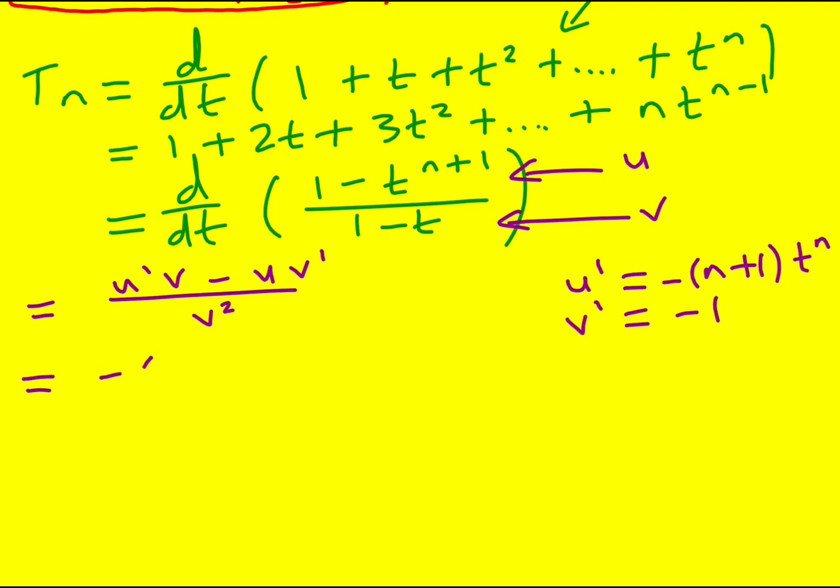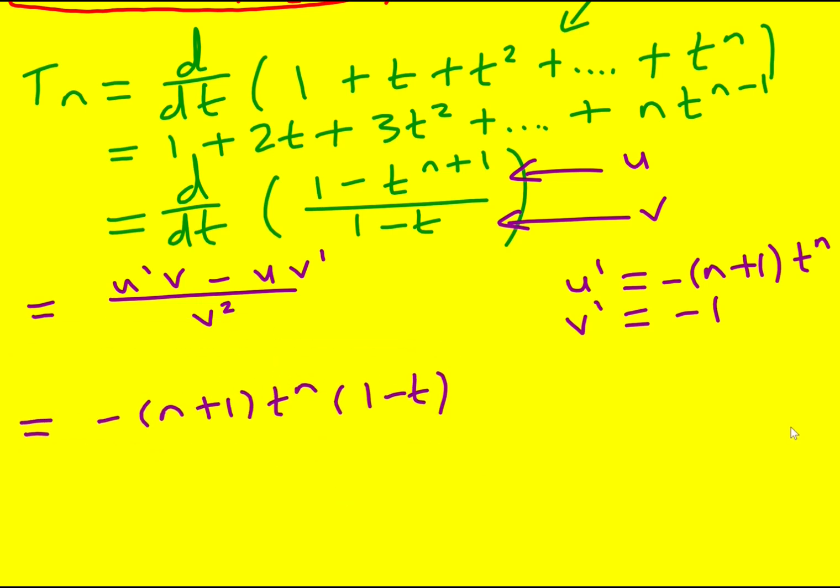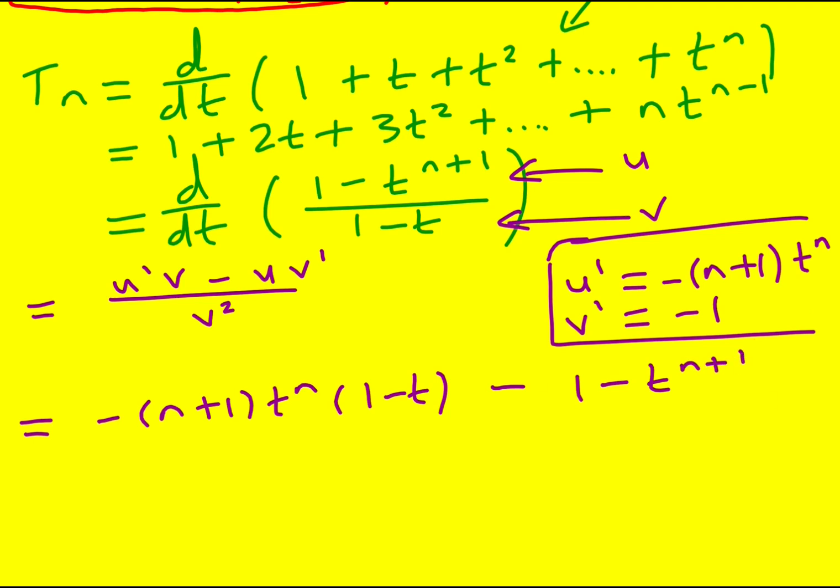So we're going to get minus n plus 1 t to the n times 1 minus t, minus 1 minus t to the n plus 1, we're timesing that by minus 1.